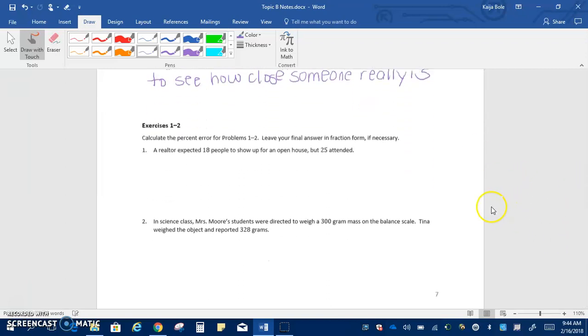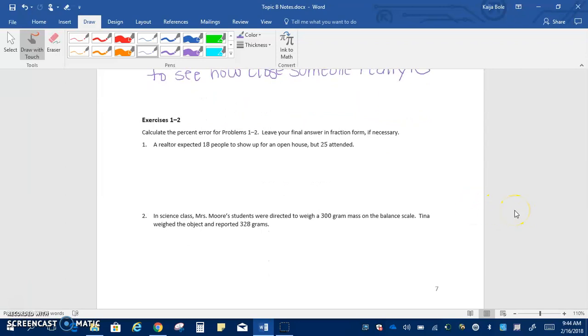Alright, we've got 2 more examples here. It says to calculate the percent error, leave your answer in fraction form if necessary. So a realtor expected 18 people to show up for an open house, but 25 attended. So this is our actual, 25, this is our X, and 18 is our A. So we're going to do the absolute value of 18 minus 25 over the absolute value of 25 times 100.